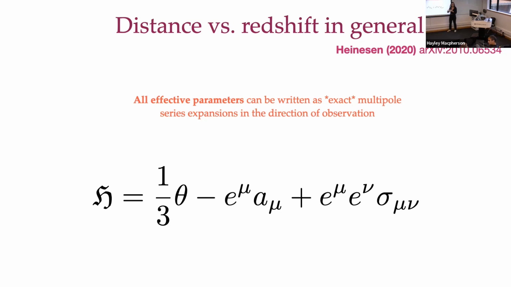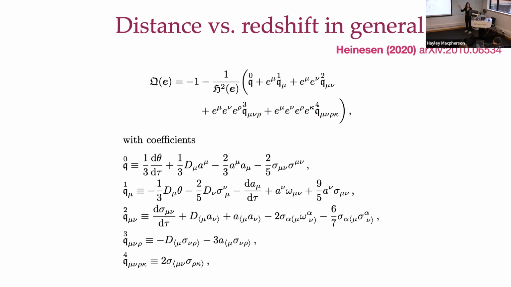This describes the anisotropic expansion of space around the observer. And this is not an arbitrary truncation, this is an exact truncation. So this is all of the contributions of anisotropy to the effective Hubble parameter: only this dipole and quadrupole. All of the other parameters can be written like this as well, but as we go to higher order, they get a little bit more complicated.